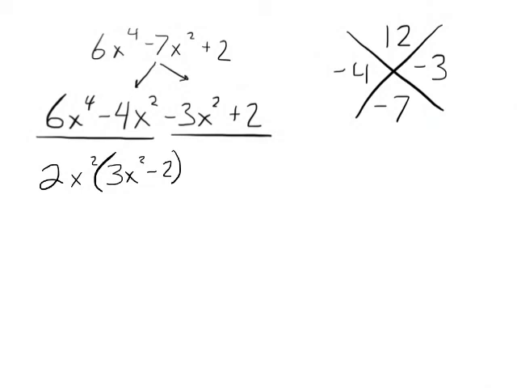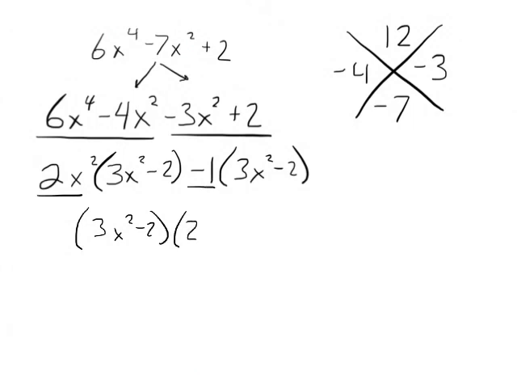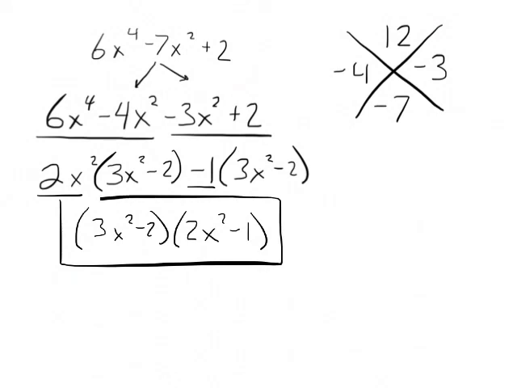The second two didn't have anything in common, and because the signs are backward, I'm going to factor out a negative 1 and be left with 3x squared minus 2. As I say all the time, these two things should be the same. Because they are the same, I can just write that down times the other two factors put together, 2x squared minus 1. And you're done.